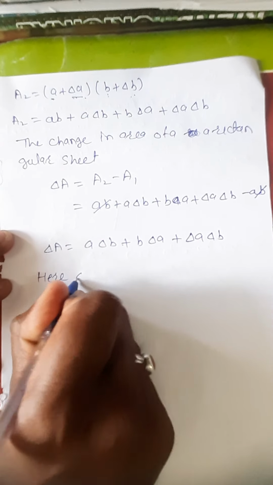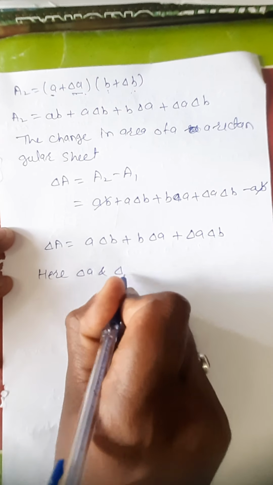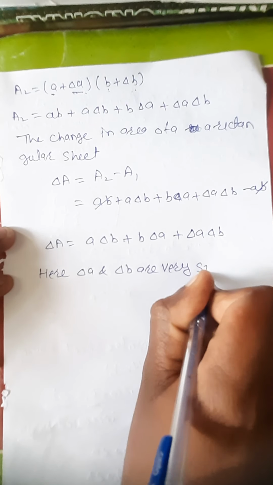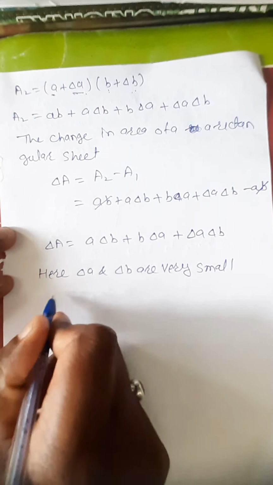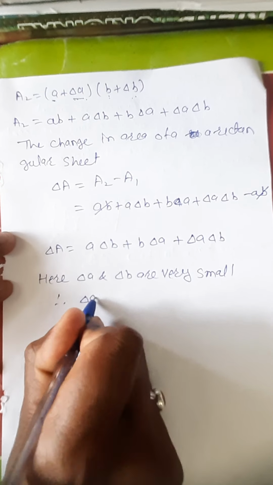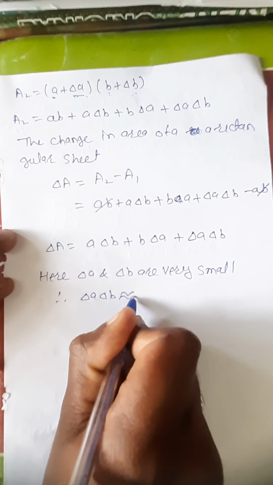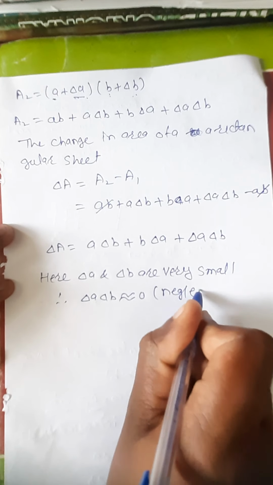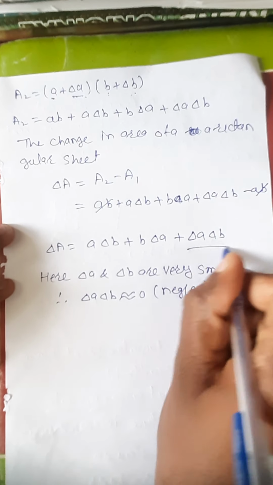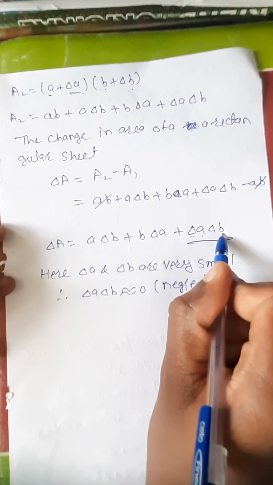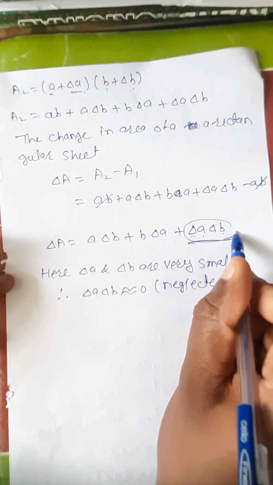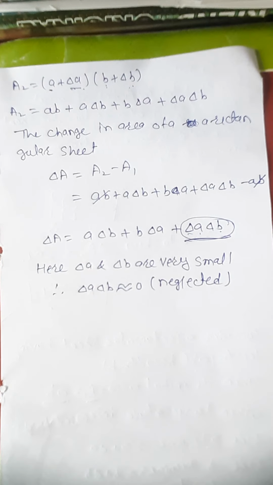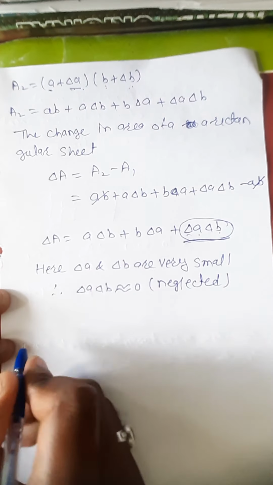Here delta L and delta B are very small, therefore delta L into delta B approaches 0, nearly equal to 0, so we neglect it.